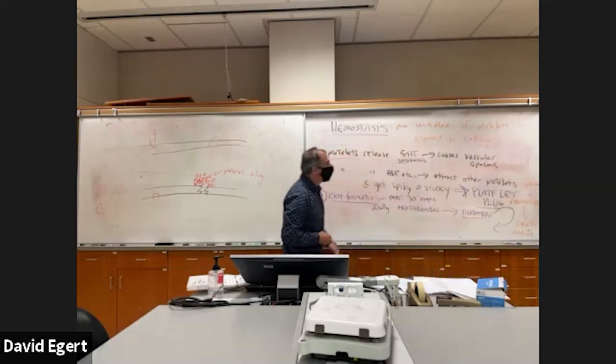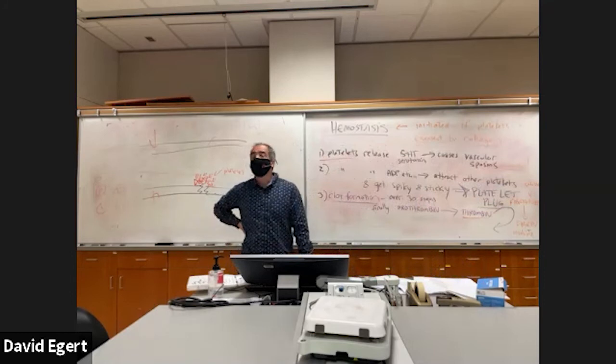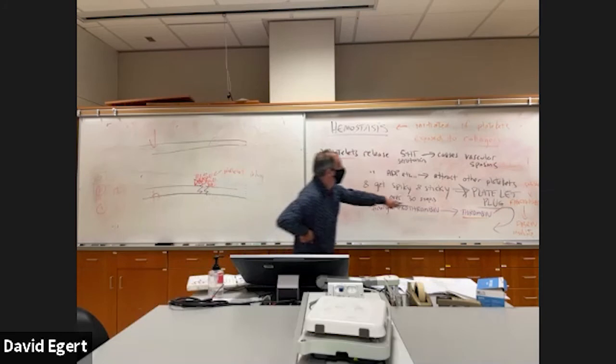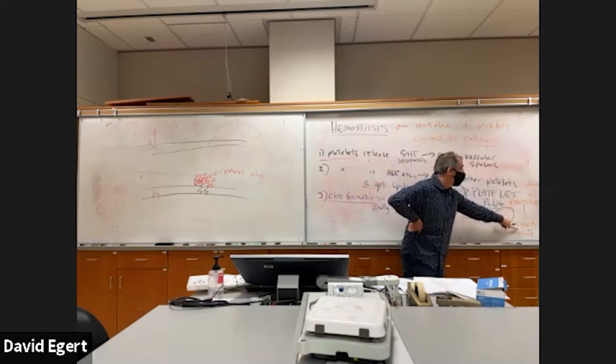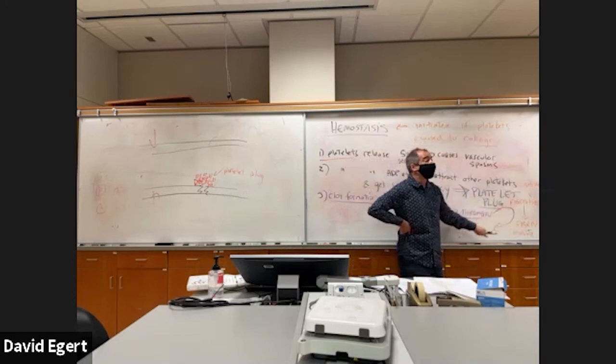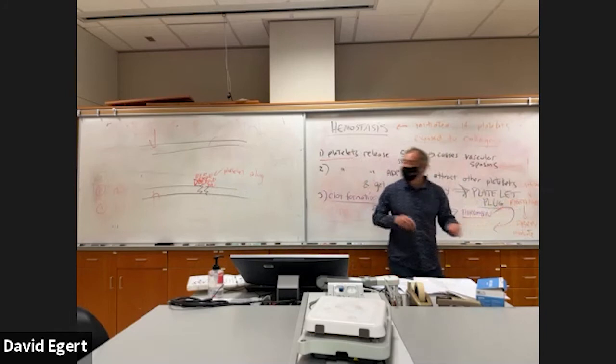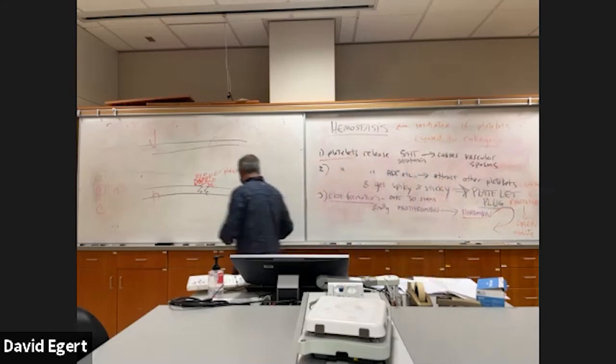So fibrinogen is a soluble plasma protein. It's normally in your plasma flowing around in your blood. But when thrombin is created as a result of this big cascade of events, it turns the fibrinogen into fibrin, which is these sticky insoluble threads, which are going to create the clot.